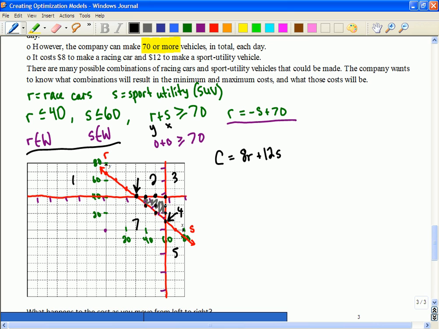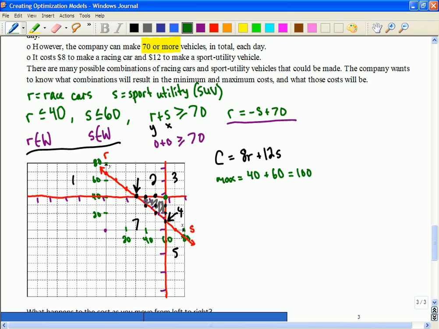So that means I want to use as many as I can for sport utility, and I'm still trying to maximize, so I want to use as many as I can for race cars. That's as many sport and as many race cars as I can possibly make. So the maximum is when I have 40 race cars and 60 sports cars, so it would be 100.